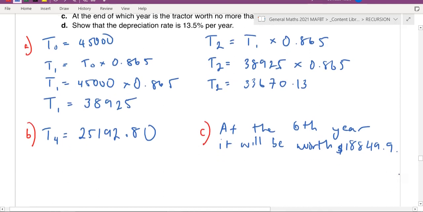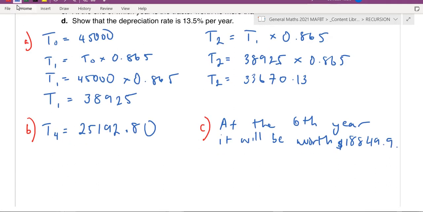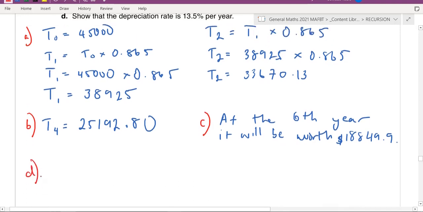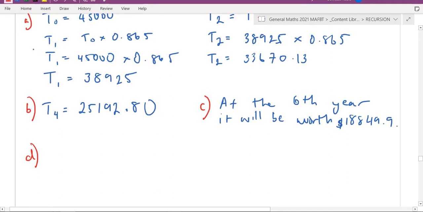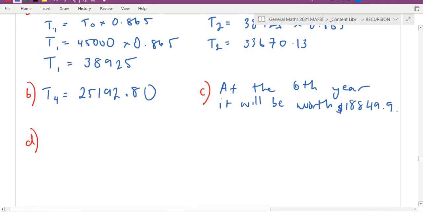Okay, and in part D, this is where you now have to prove that the percentage rate is 13.5. To do that, instead of using the other formula that I showed you before, this one's slightly different. Remember, to find the R value, if it's decreasing, it's going to be 1 take away percentage over 100.